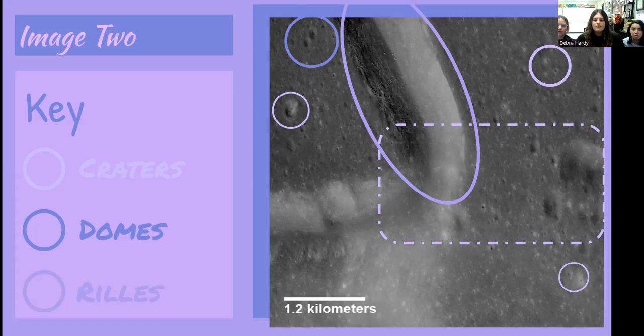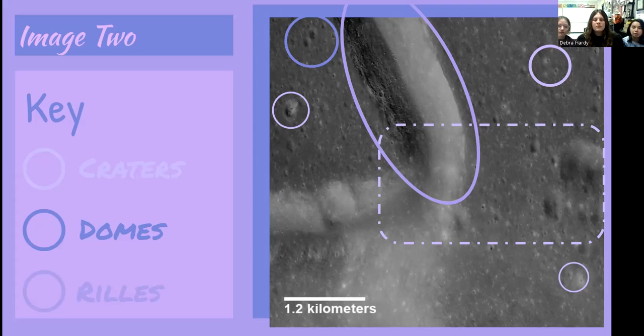There's almost no shadows at all. So if you look at this under different lighting, it looks completely different. In your box there, right on the very left edge of it, it looks like a fairly large something, maybe a crater, but it doesn't appear circular in any way, and that's because of the lighting effects.